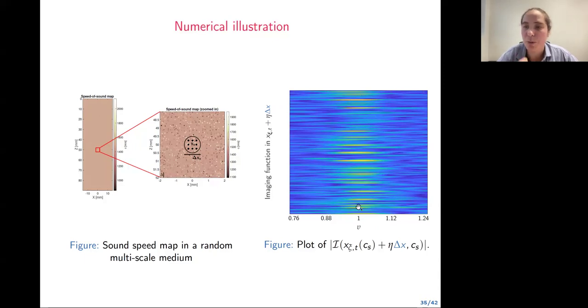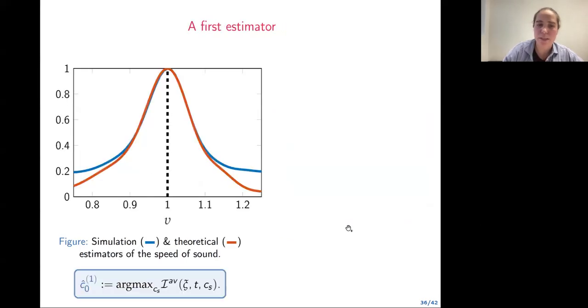So you're going to be able to retrieve this information if you do an average with respect to the realization. And this is exactly what you get. So the first estimator, here in red, you have the theoretical one. In blue, you have the simulated one, and you see that they quite agree. And for nu equal 1, you get a good estimator by getting the maximum of this average I.